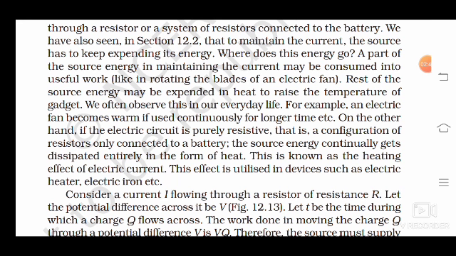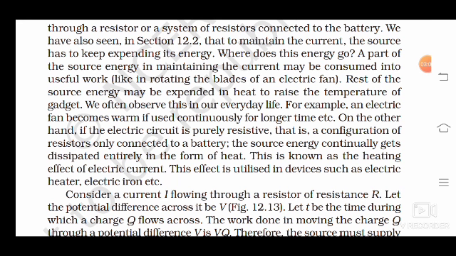Where does this energy go? A part of the source energy in maintaining the current may be consumed into useful work, like in rotating. Rest of the source energy may be expended in heat, to raise the temperature of the gadget. We often observe that in our everyday life, for example, an electric fan becomes warm if used continuously for a longer time.